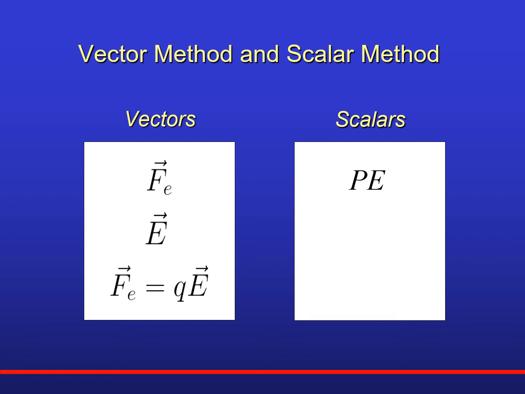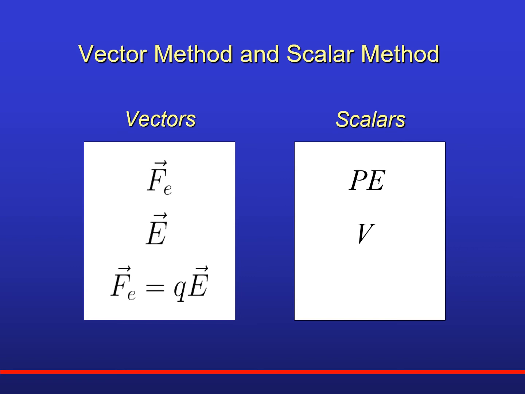Instead of force, we have potential energy. That seems like a very different concept, but I hope to show you they are related. What takes the place of the electric field? This capital V, which we can call either voltage or potential or electric potential.